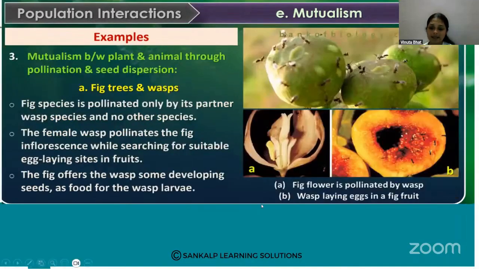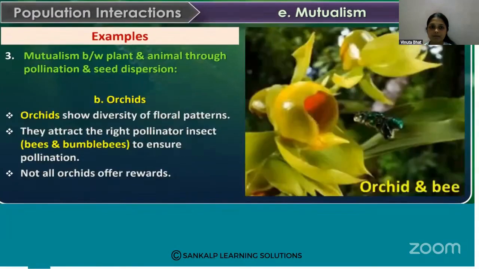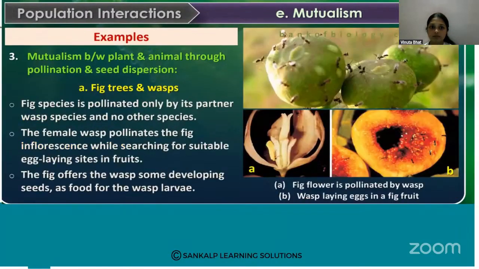Then some more examples of mutualism. Mutualism between plant and animal through pollination and seed dispersal. Some plants are pollinated by insects, right? Just imagine this is the flower, and this flower is pollinated by the insect.